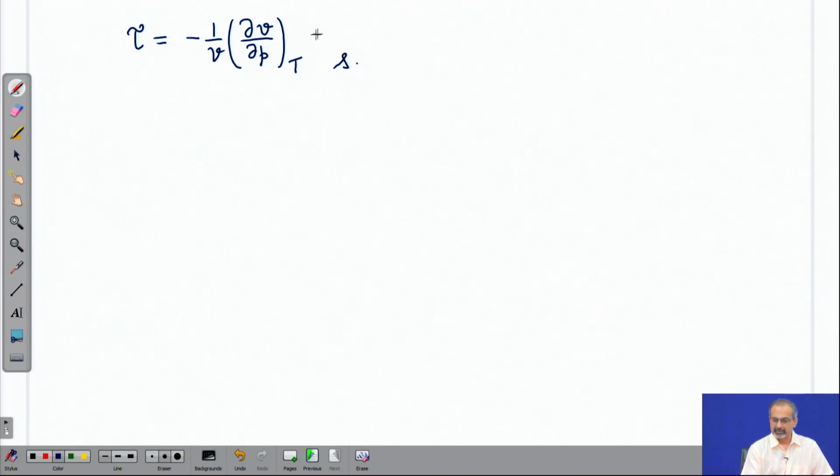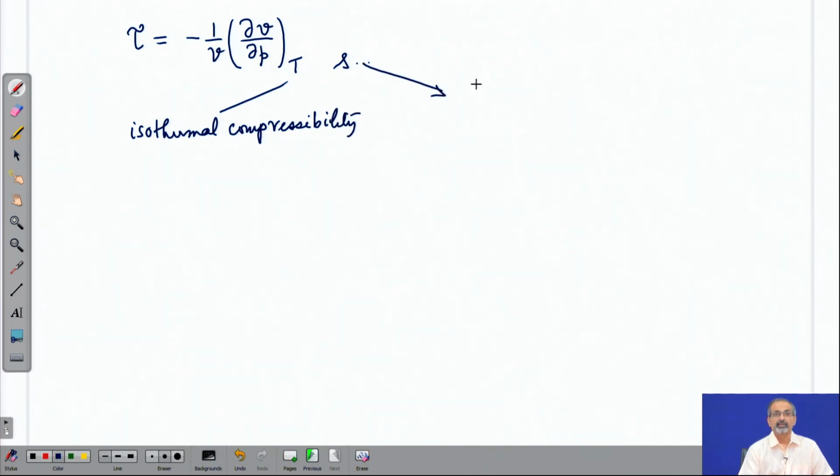When we keep the temperature constant, what we get is isothermal compressibility, and when we keep the entropy constant, we have isentropic compressibility.